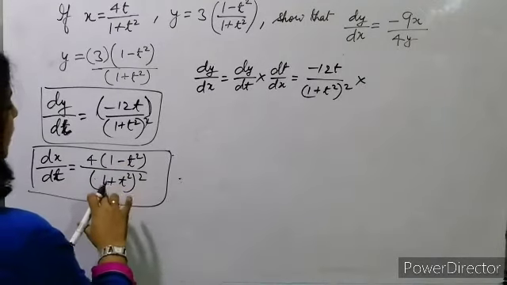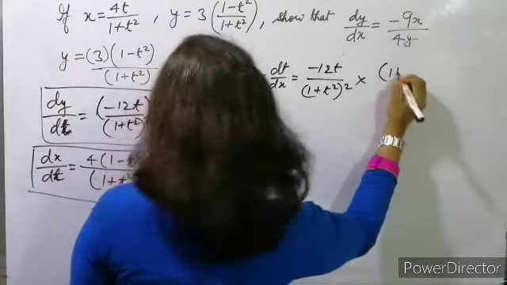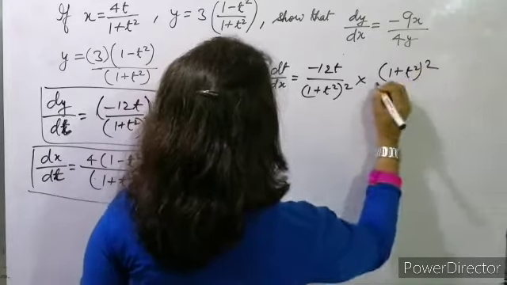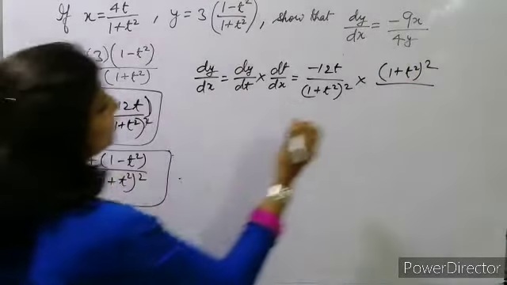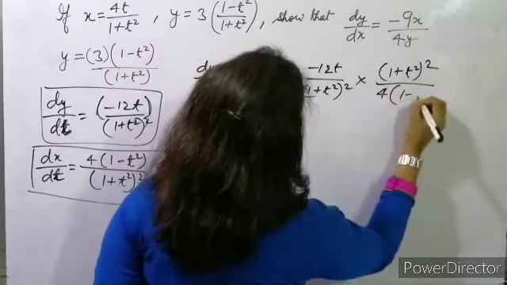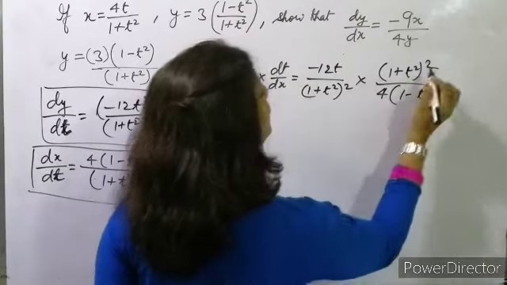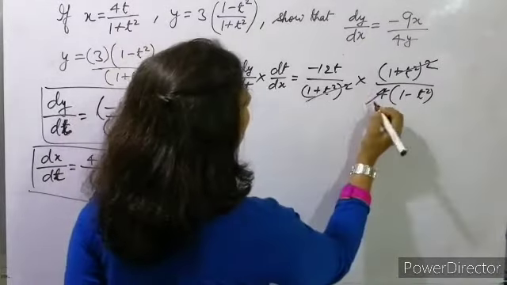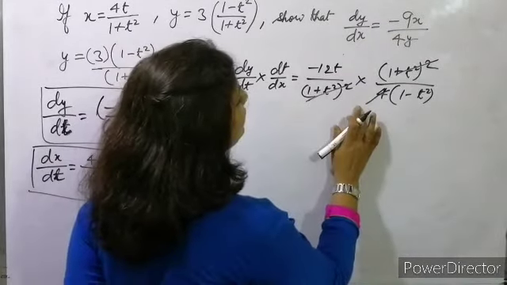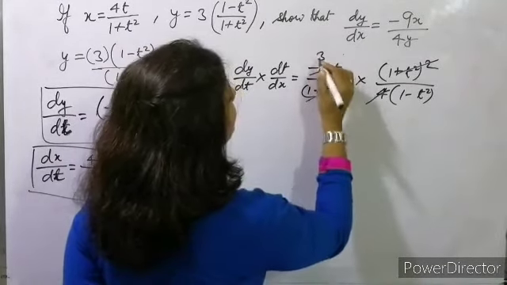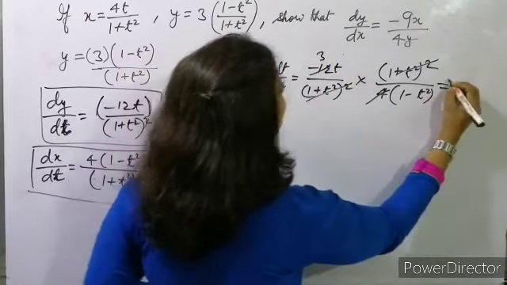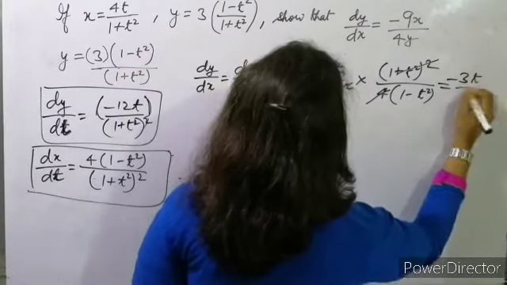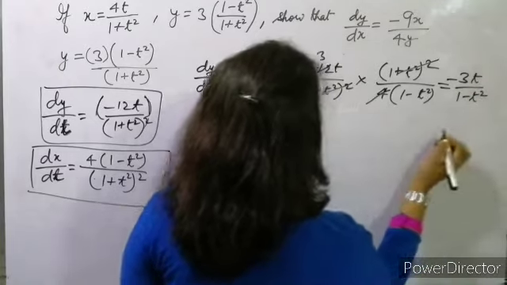We have to reverse it, so it will be 1 plus t square whole square divided by 4 into 1 minus t square. So this cancels, and 4 and 12 give 3, so it will be equal to minus 3t divided by 1 minus t square.